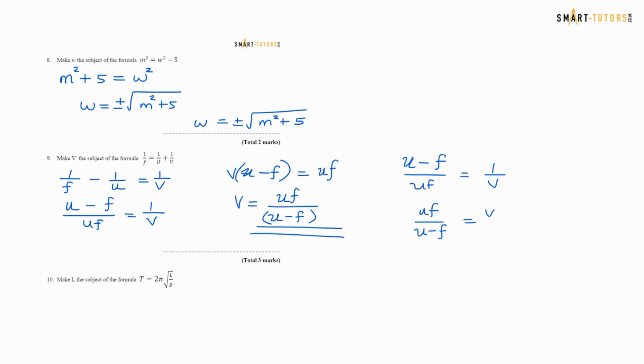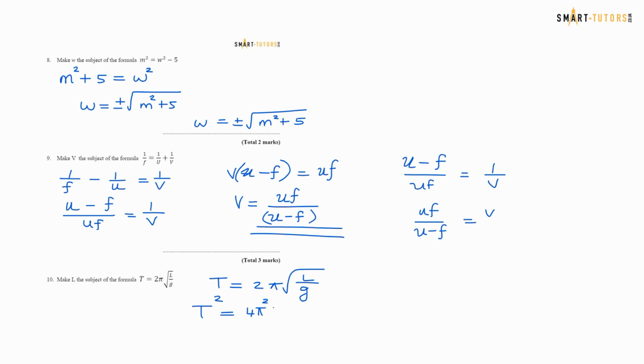Question number 10. T equal 2 pi square root of L over G. Here careful, square root is there, you need to square both sides, that becomes T squared. Here everybody can make a careless mistake. The 2 pi is going to get squared, so 2 squared is 4 pi squared.